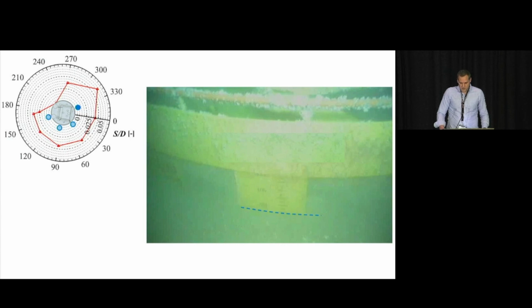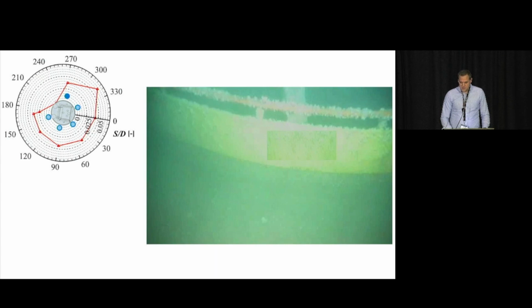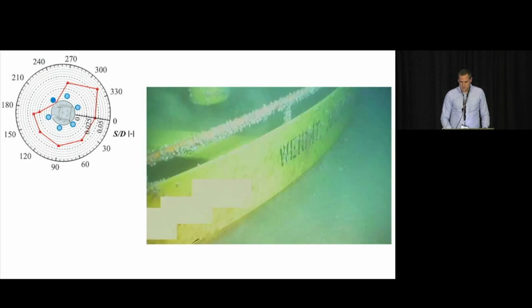Here we're getting to a scour depth of about 500 mil, so there's only 100 mil left before we would undermine this skirt. And that's one of the reasons why this data was provided to us at this point, was the question of whether we would undermine and what could be done to mitigate. And then as you continue to move around the structure, the scour depth then reduces, and as you get to the back, we actually have no scour at all. So a really interesting, cool scour pattern around this structure.